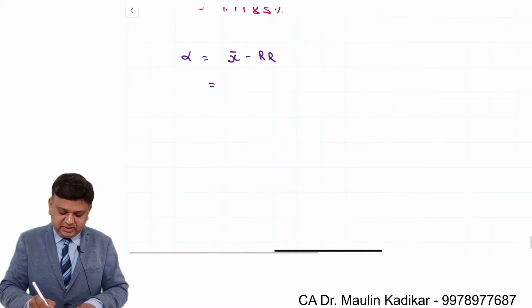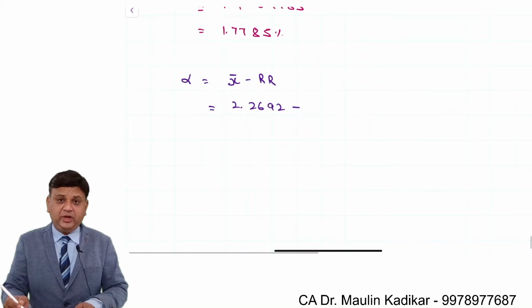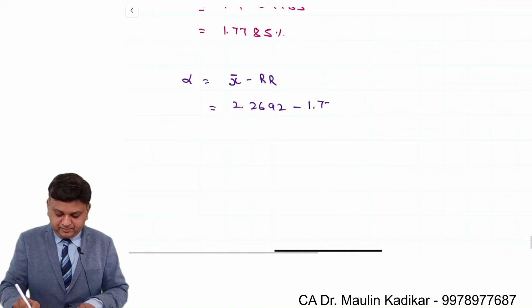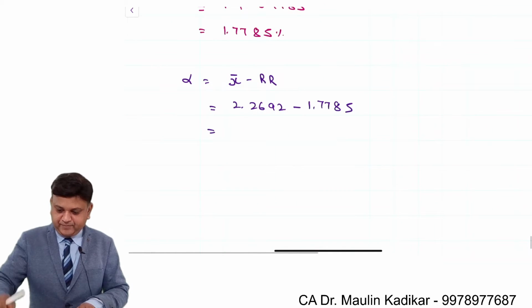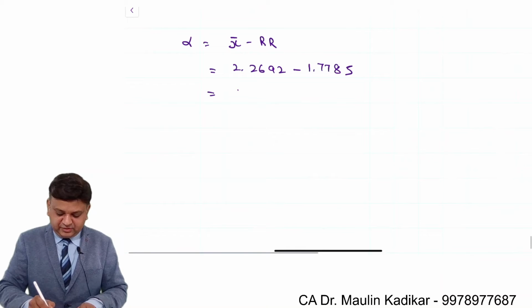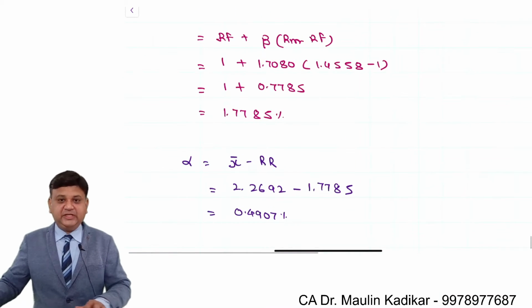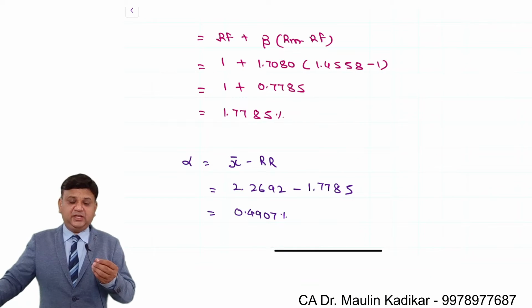So here it is 2.2692 minus 1.7785. So it is 0.4907. So this is the excess return which has been earned with the skill of the portfolio manager.